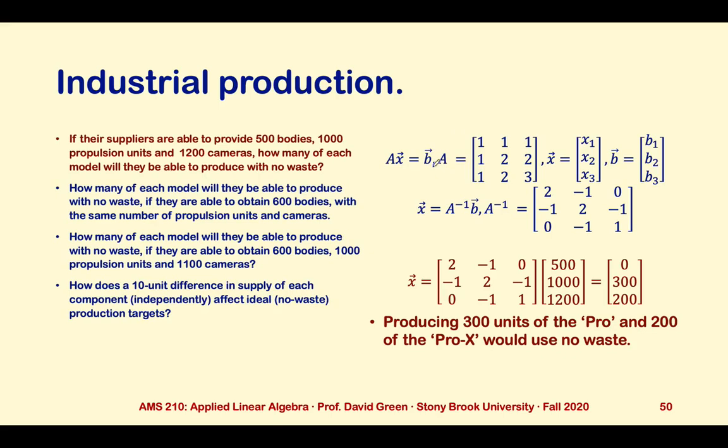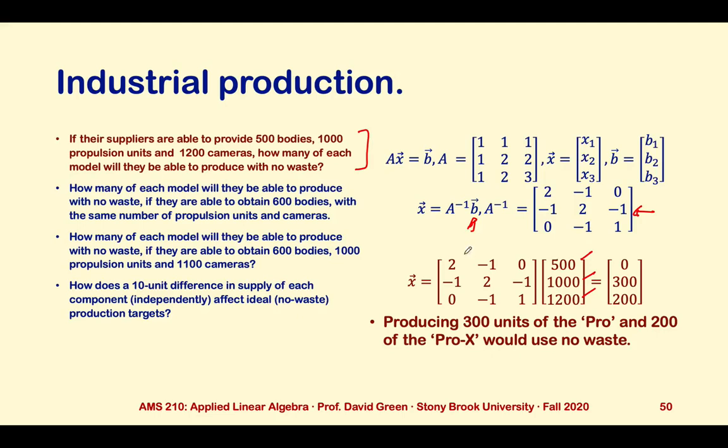All we do is take our general solution of x equals A inverse B, where we've just computed A inverse. This is our inverse from the previous screen. And we construct a B using these values, 500, 1,000, and 1,200 for B1, B2, and B3 respectively. Then go through and do the matrix multiplication.